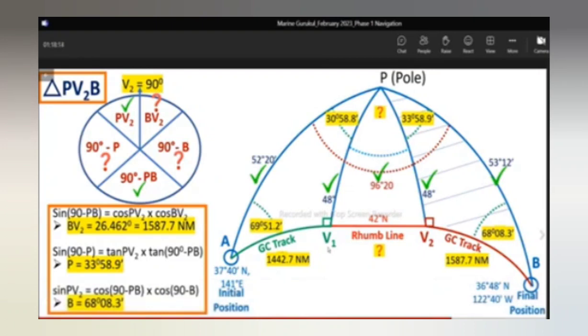Sir, while doing this question in the paper, will we be doing the same sequence, first this triangle, and after that the second triangle? Not like we will do first the V1A triangle, then we will do the plane and parallel sailing, and then we will do the next triangle.